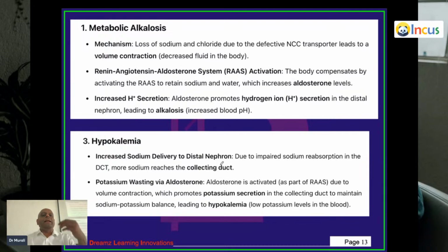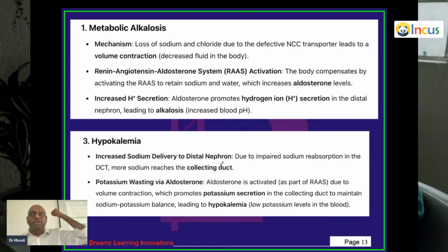First, metabolic alkalosis. Why does it happen? Gitelman affects the sodium chloride co-transporter in the distal convoluted tubule. Meaning the salt is being lost into the urine, right?